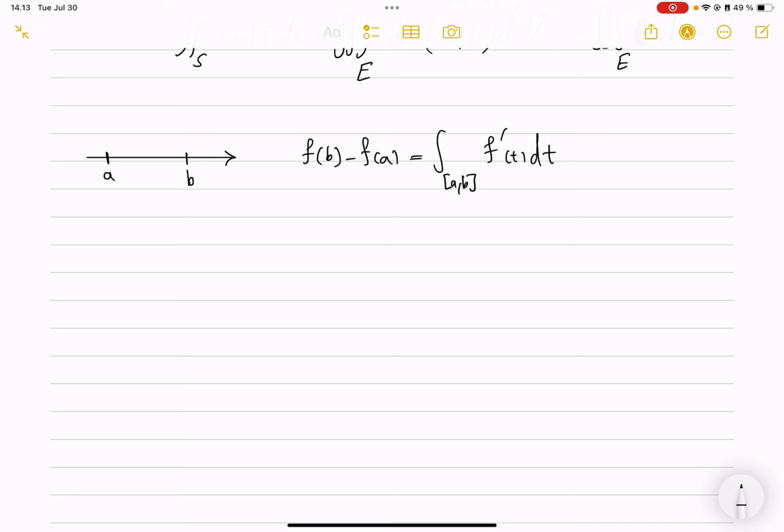So if you integrate the derivative on a set, it's equal to integrating the original function on the boundary.